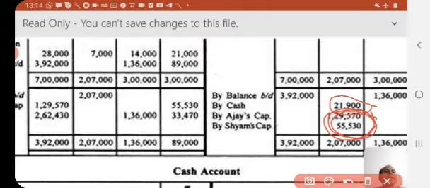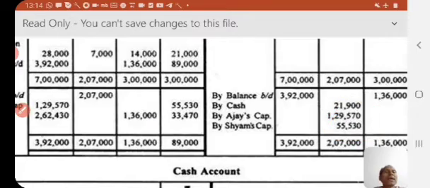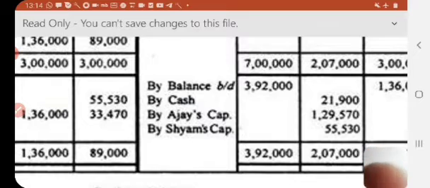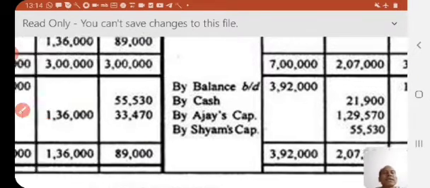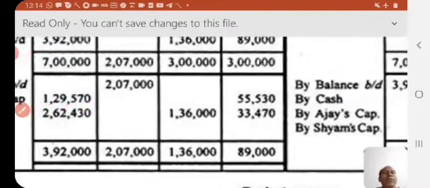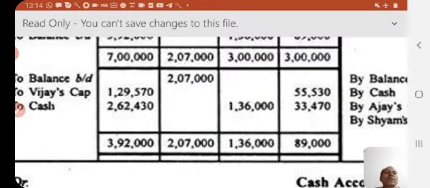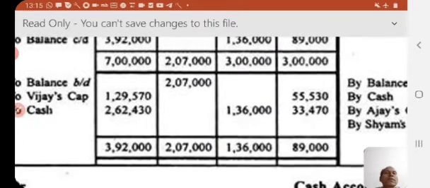So, see, as for the ratio, Ajay bears 1,29,570 and Sham 55,530. This is so. You have to see this one. See this.